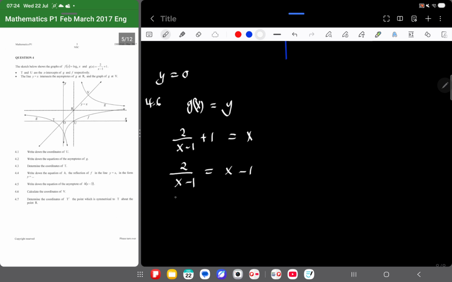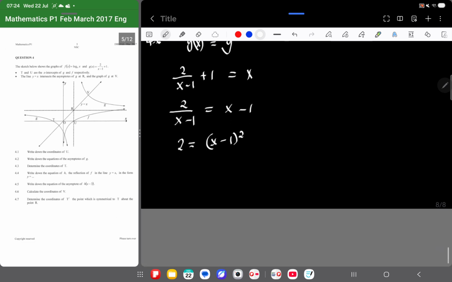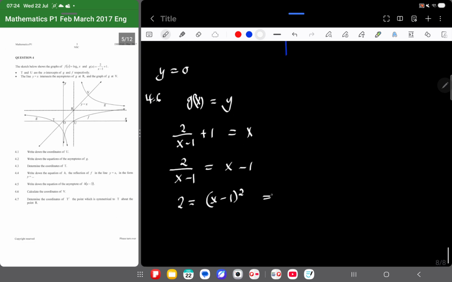Multiplying both sides by x minus 1, we get 2 equals x minus 1 squared, or x minus 1 times x minus 1. I will expand this one. 2 equals x squared minus 2x plus 1.